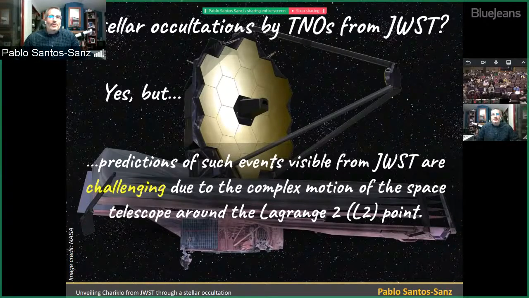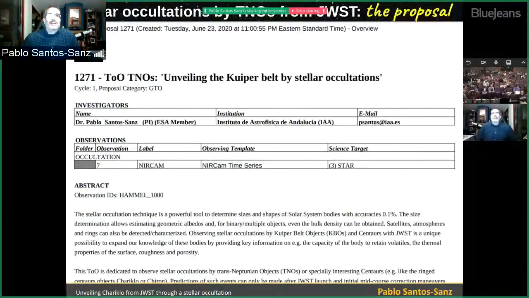As you know, the telescope is in a chaotic orbit, and we need to correct the orbit from time to time using station-keeping maneuvers. So this means that the orbit is not always the same, and this is challenging for prediction and for the observation.